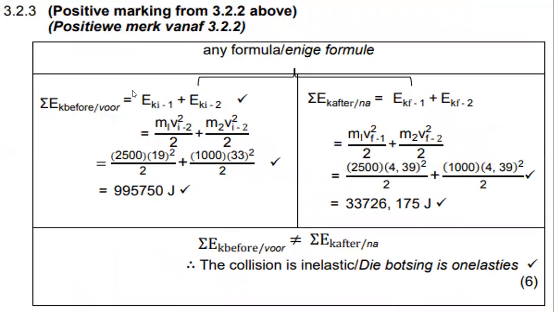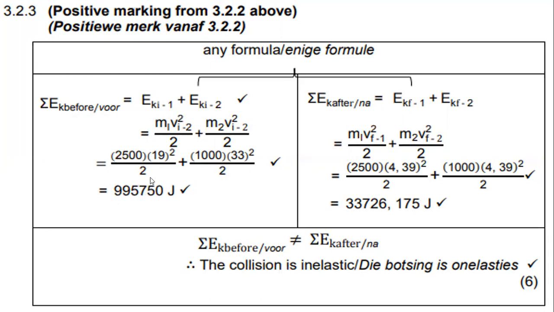Right, so we start there. We want the total kinetic energy before the collision. Or another learner could say, it is the sum of the kinetic energy before, and that will be equal to the kinetic energy of the truck plus the kinetic energy of the car. And this must be before the collision.